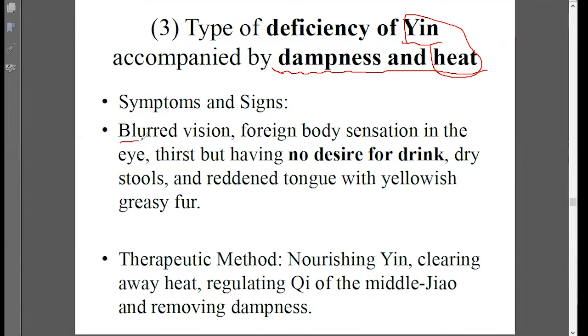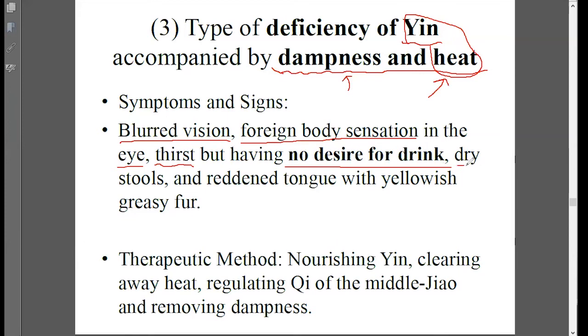Local symptoms are still vision, and people feel dryness inside the eyes, uncomfortable because of some heat inside. People may be thirsty because of the heat, even deficiency heat, but the patient doesn't like to drink because of dampness, or just drinks a small amount of water, slightly drinking.